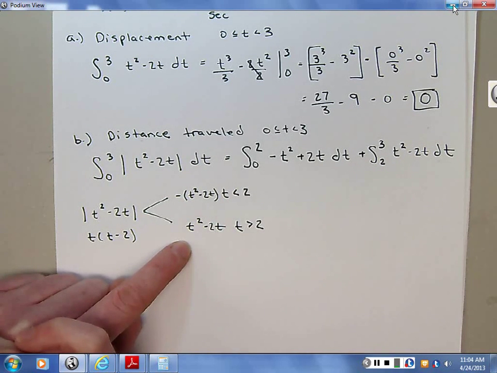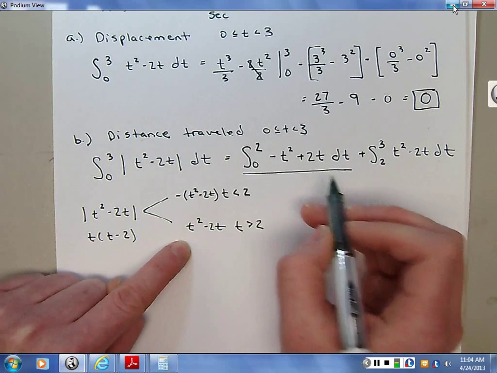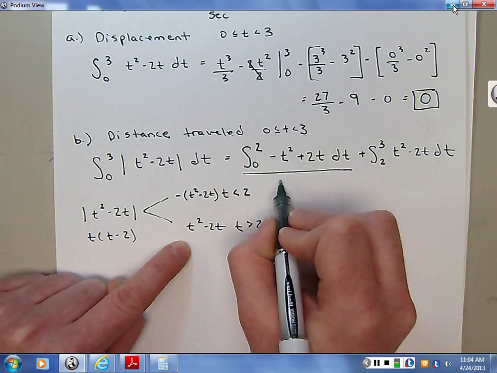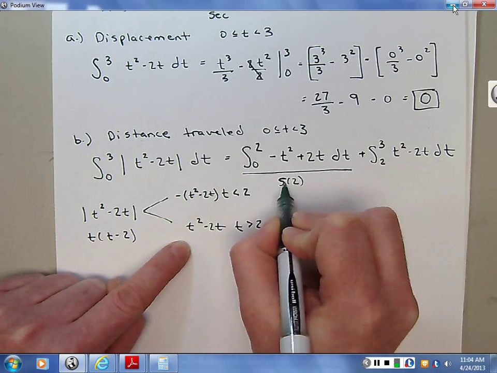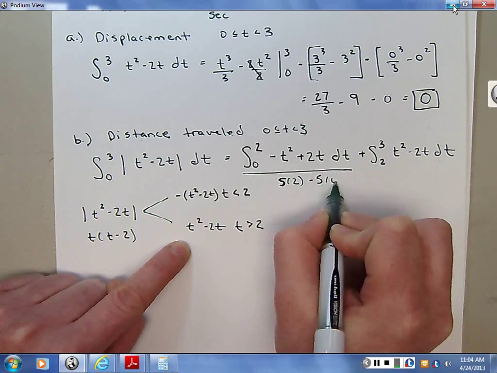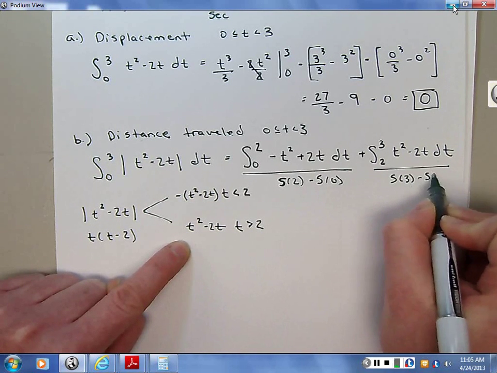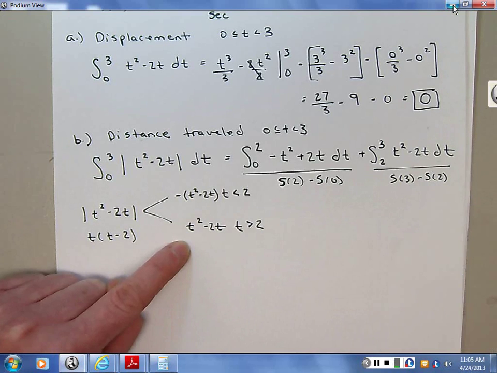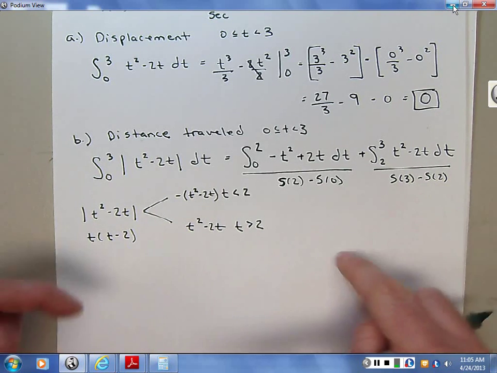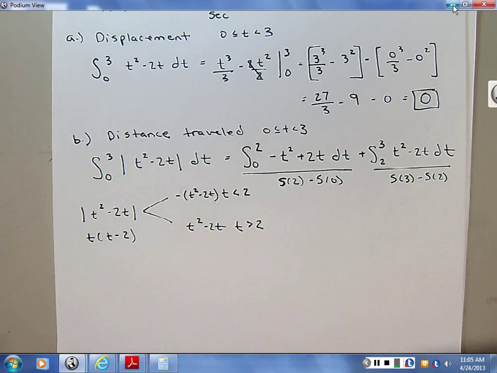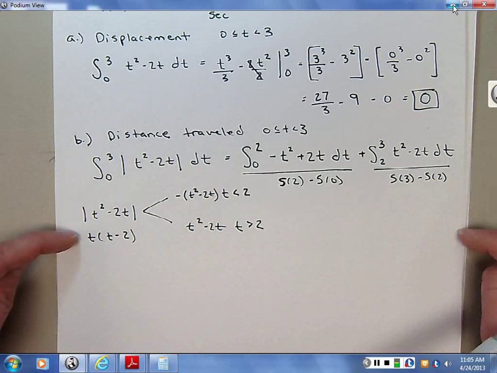Really what this is, is the change in position from s of 2 minus s of 0, and this is the change in position from s of 3 to s of 2, right? I just know that they're always positive, so I can drop the absolute value. We did something similar to this in rectilinear motion when we first talked about it, 4.6.